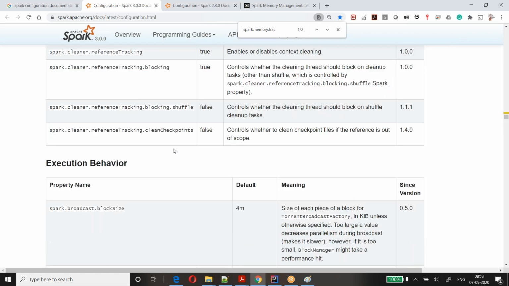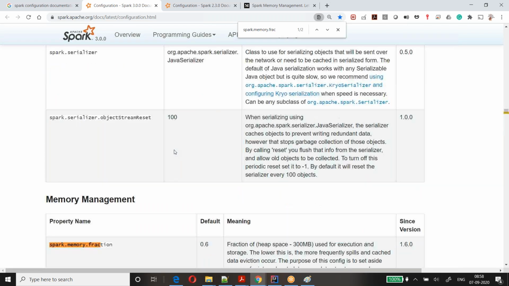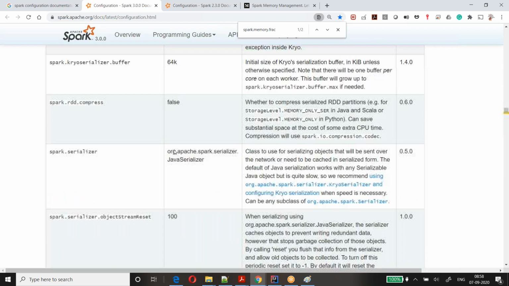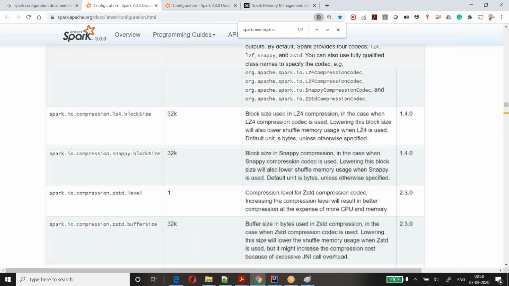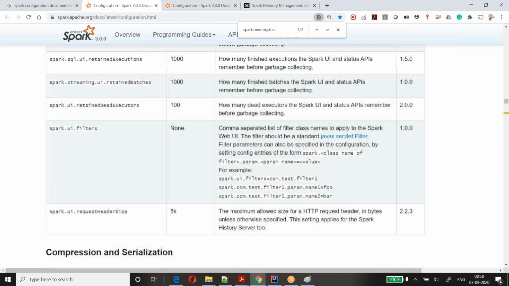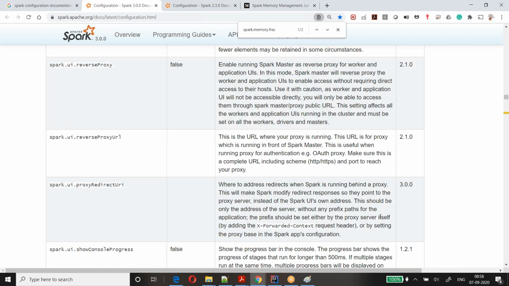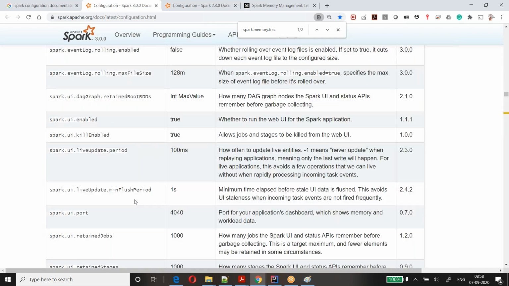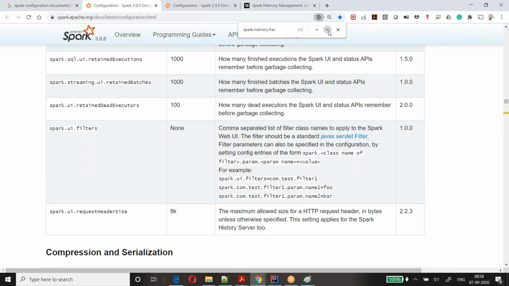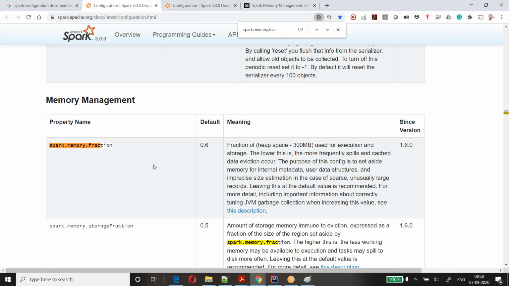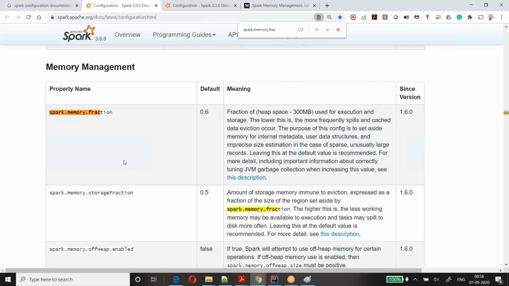Let's see if there is anything specific to version 3. They're all coming from older versions. This is a blog URL, and this is a proxy redirect URI. Anyway, we'll see those things later. Our main concentration is on this memory part.